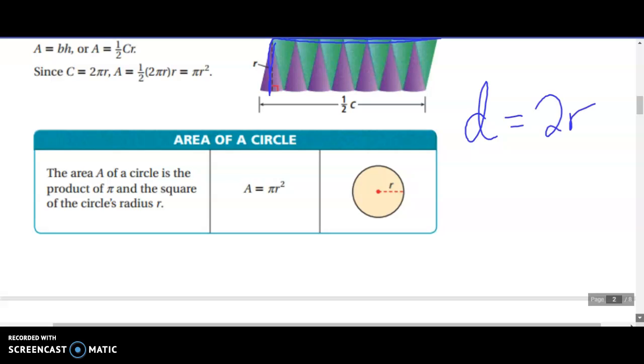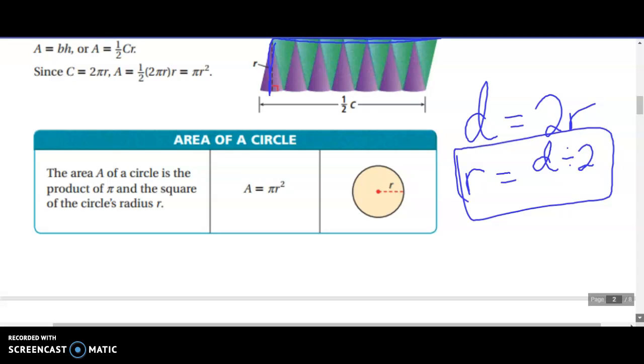Since diameter is 2 radii, that means that the radius is the diameter divided by 2. If you've got a circle and the diameter is 10, well, that means that the radius must be 5. So if you're given the diameter, just chop it in half.